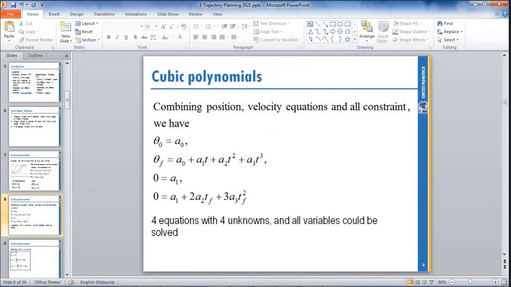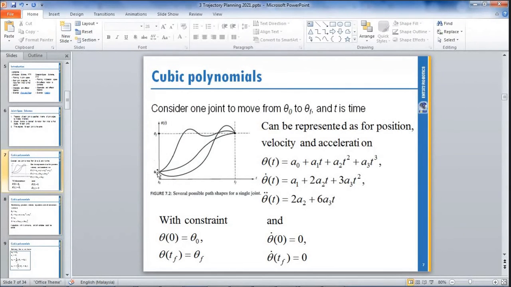Time equal to 0 means you have not moved; your robotic arm didn't move yet, it is at the starting or initial point. So when you replace t with 0, you only have a0 left.